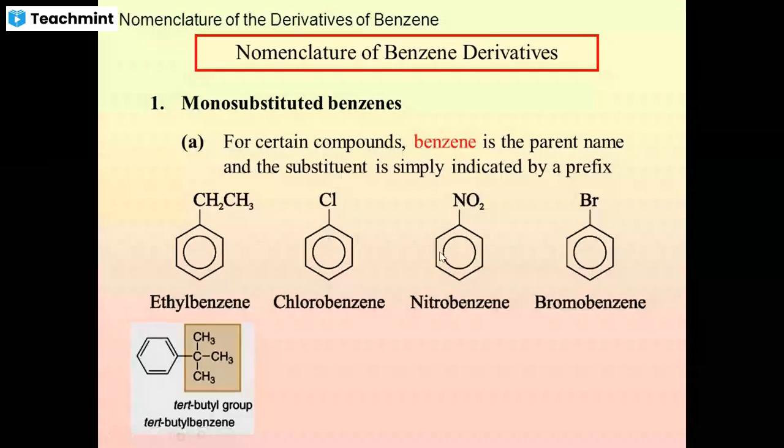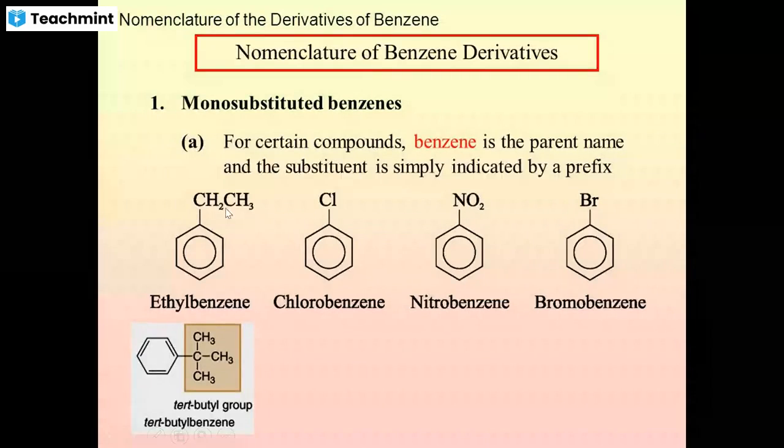Suppose in this first compound, you can see that a CH2CH3 group is present on the benzene ring. CH2CH3 is an ethyl group, which is present on the benzene ring. So this is ethyl, a substituent present on benzene. This is monosubstituted, meaning only one substituent is present on benzene; that is called monosubstituted benzene.